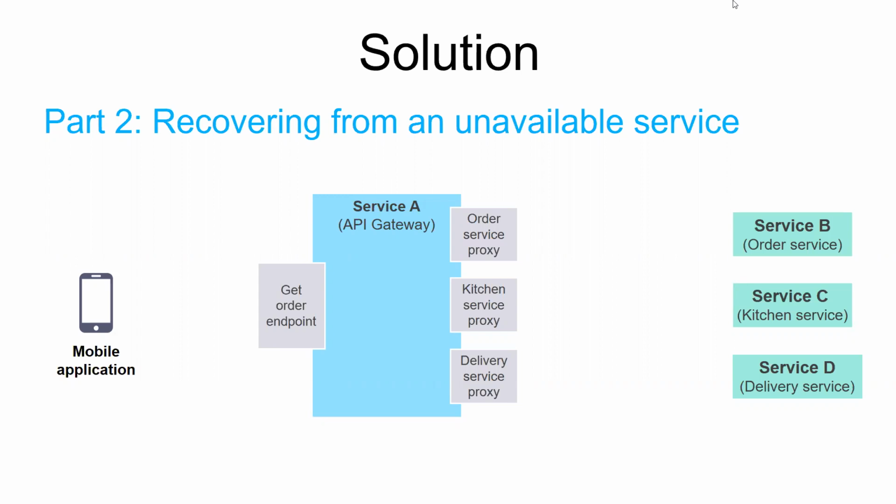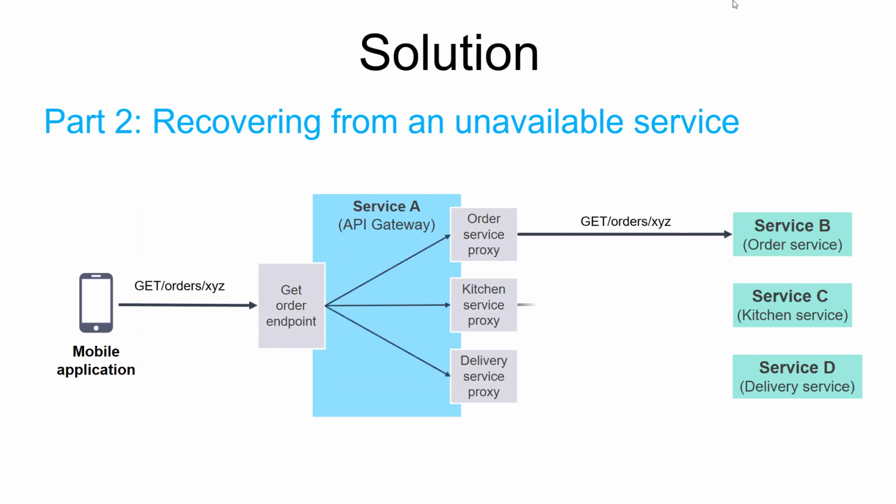But if we take the example illustrated in this figure, the API gateway implements the get orders endpoint using API composition. It calls several services, aggregates their responses, and sends a response to the mobile application. The code that implements the endpoint must have a strategy for handling the failure of each service that it calls.